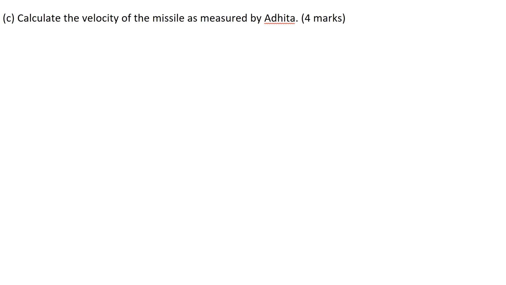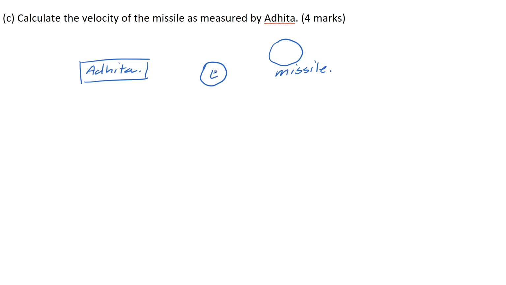Let's move to part C. Calculate the velocity of the missile as measured by Adata. So this time we have Adata here. We have our missile and we have the Earth.